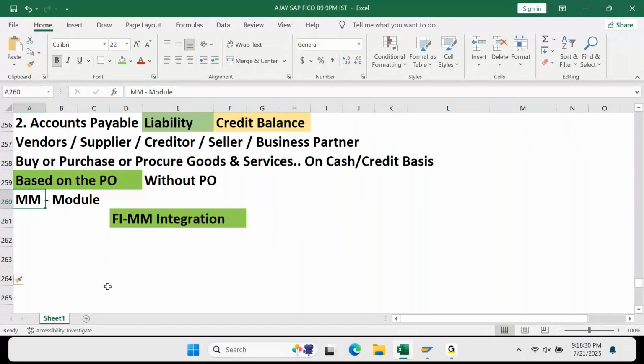You ask, have you worked on FI-MM integration? They say, no, I'm not so confident, I did not work on it, or I'm not aware of this. Then how is accounts payable complete without FI-MM integration? When most of the purchases in any company are based on purchase orders, is it possible or not possible without FI-MM integration?